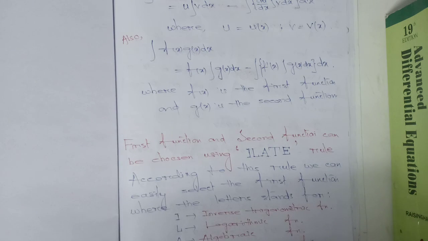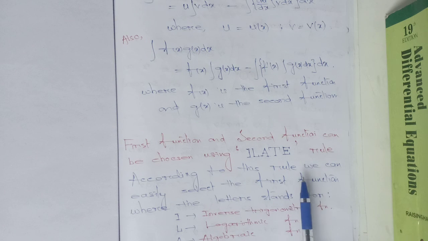Now the first function and second function can be chosen by using the ILATE rule. This rule helps us identify which function can be chosen as the first function u and which function can be chosen as the second function v.